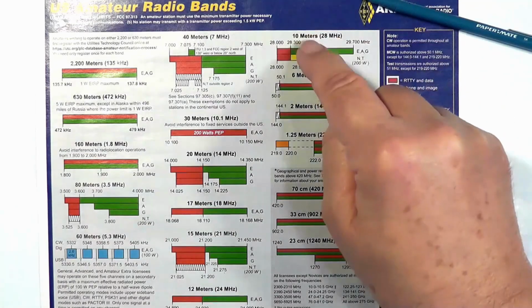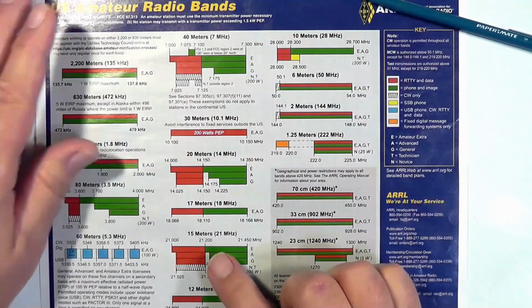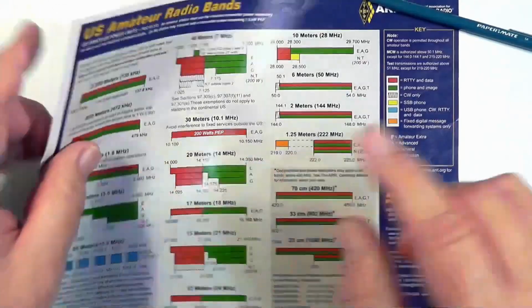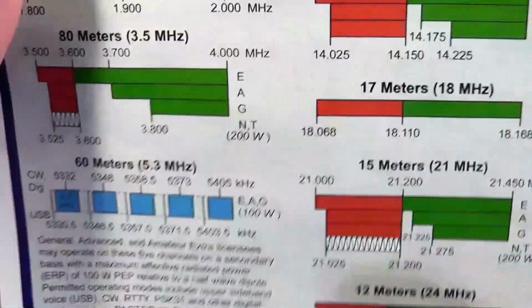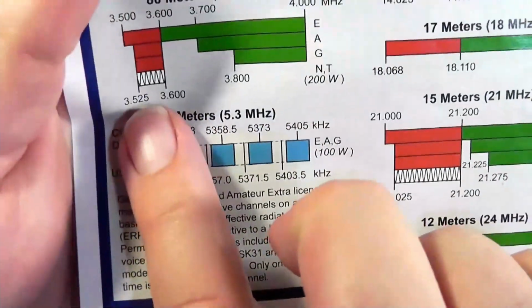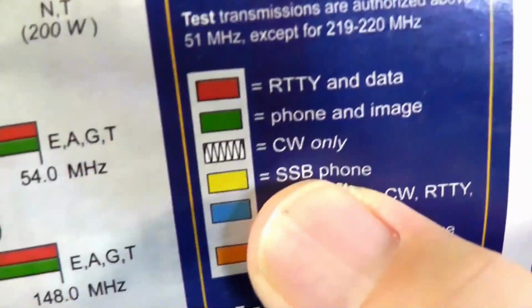So HF, you have privileges on 10 meters, on 15, 40, and 80. And here's what they look like if you look up kind of close at them. The privileges that you have are this sort of hatched white, which in the key over here is CW only.